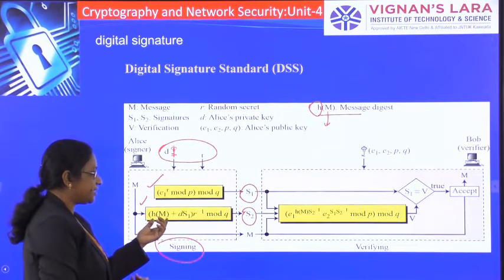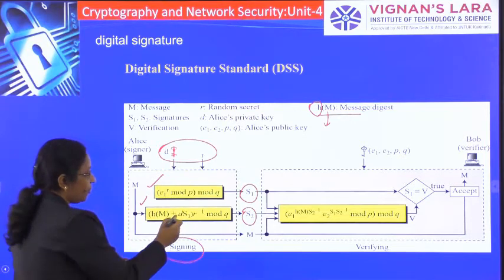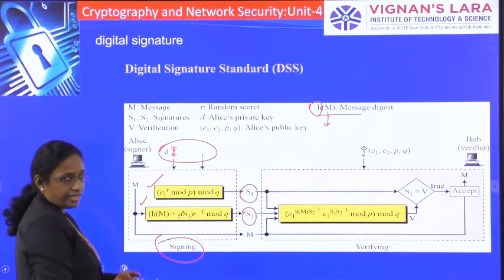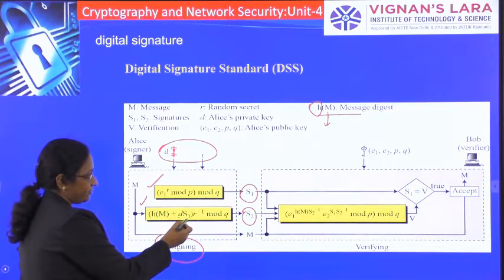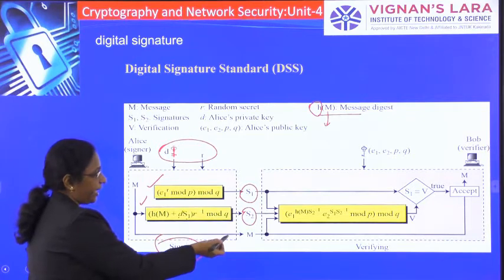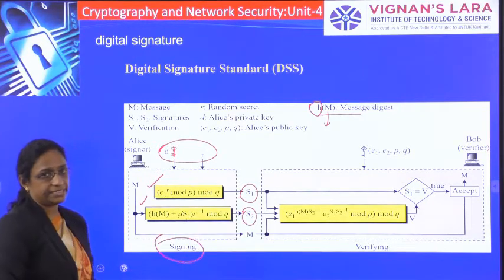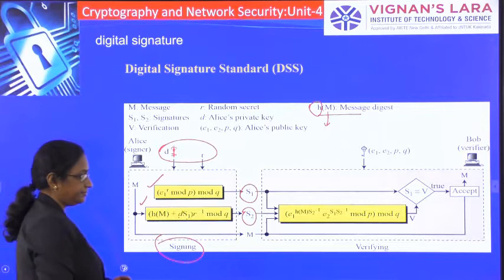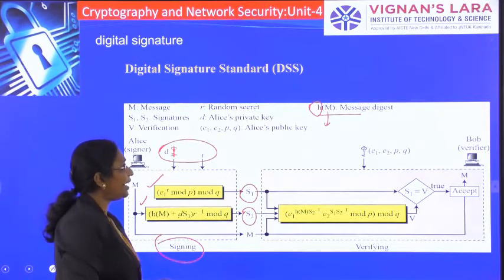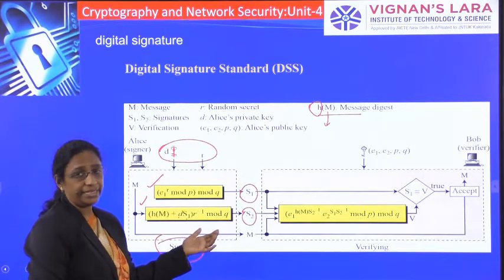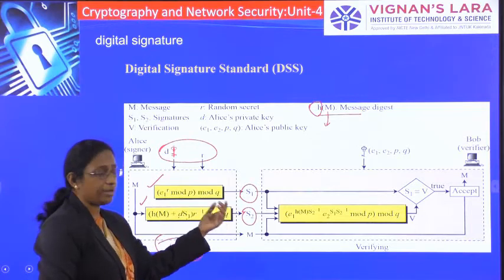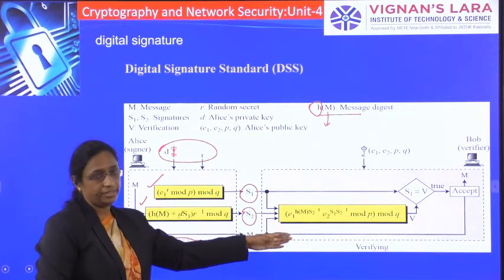That message digest plus the private key D multiplied with the signature S1 will be added and multiplied with R inverse mod Q. By doing that, you will be getting a signature S2. Then the sender will be sending the signatures S1, S2 and the message M to the receiver.